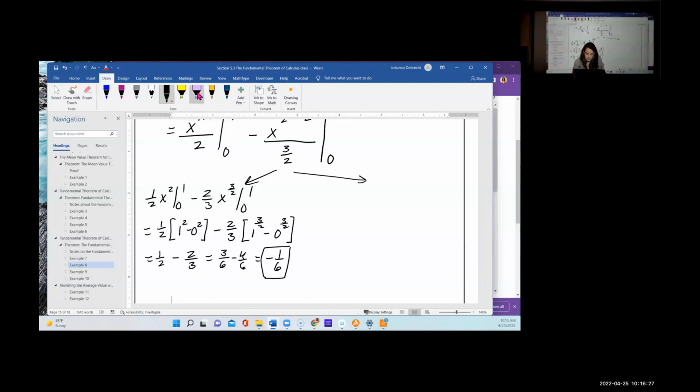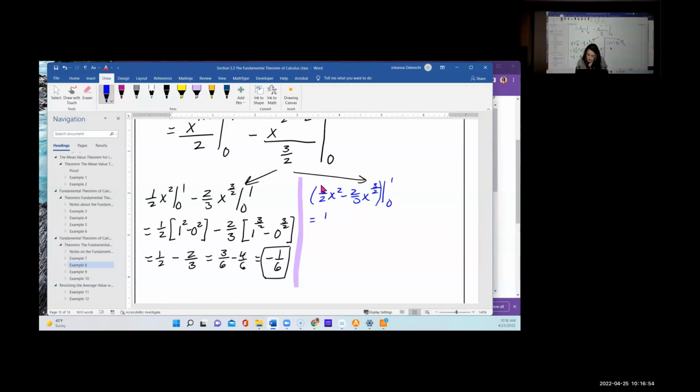What's the other method? The other method instead plugs in the 1 to both terms and then subtracts, plugging in the 0 to both terms. So the second one does this instead. 1/2 x squared minus 2/3 x to the 3/2, all evaluated between 0 and 1.